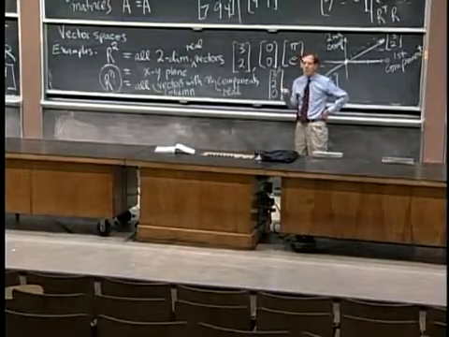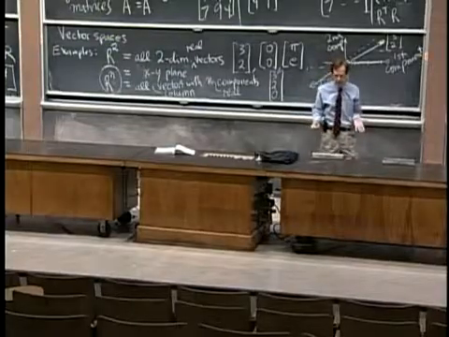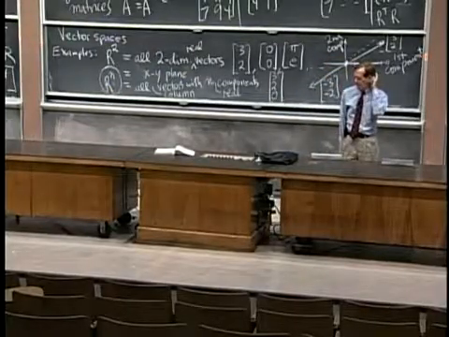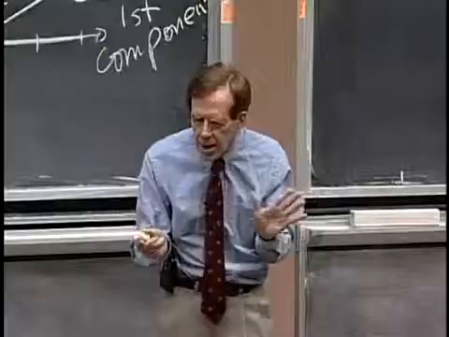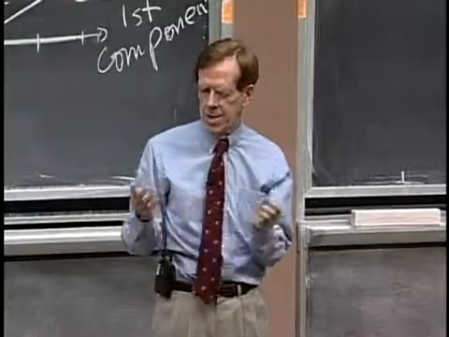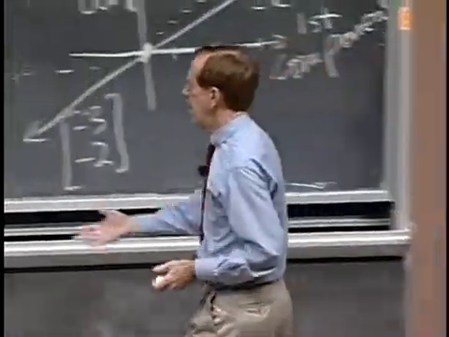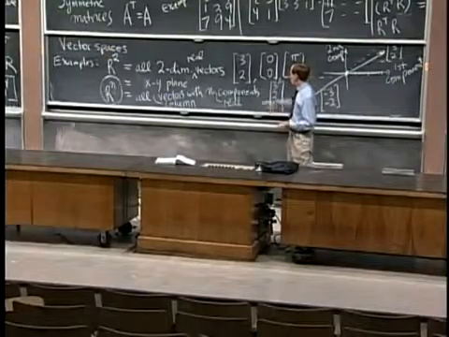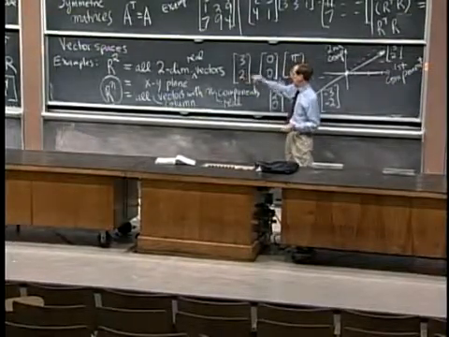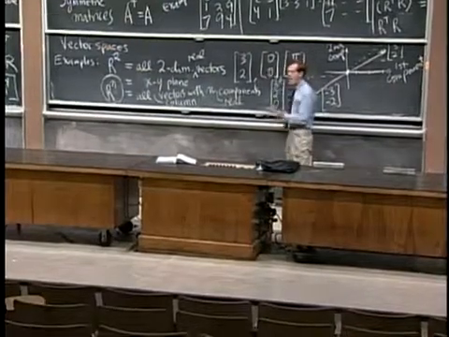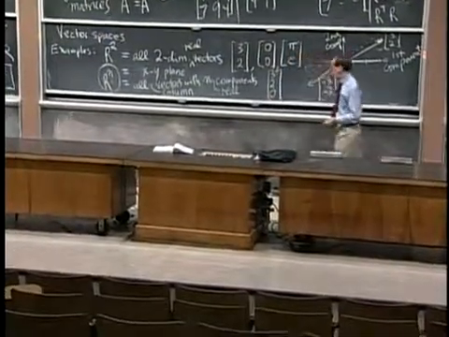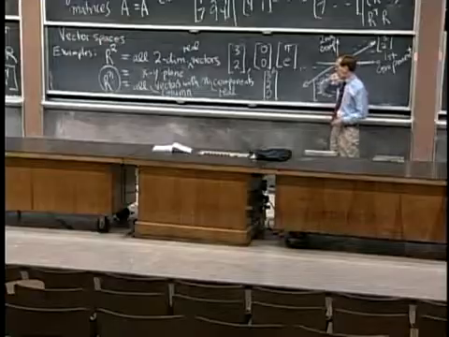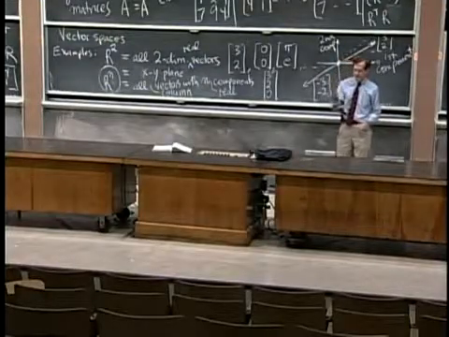Now, let's see. What do I have to tell you about vector spaces? I said the most important thing, which is that we can add any 2 of these, and we're still in R2. We can multiply by any number, and we're still in R2. We can take any combination, and we're still in R2. And the same goes for Rn.